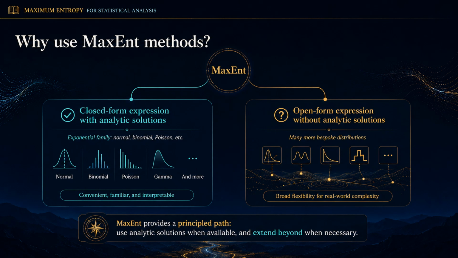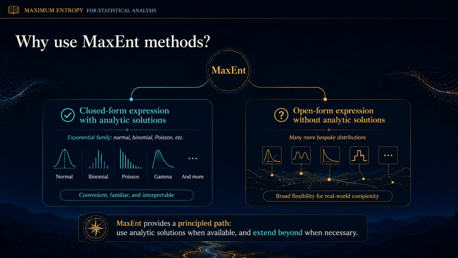The common probability distributions that we know and love are special cases of MaxEnt. They are the convenient cases. They are the cases that, when you solve a MaxEnt problem, have closed forms with analytical solutions that you could write down and calculate by hand, with pen and paper.